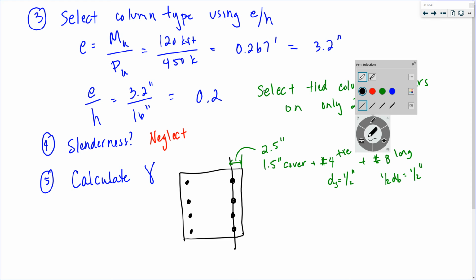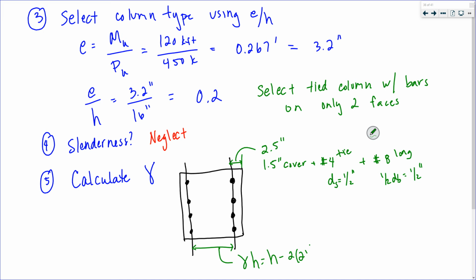Then gamma h equals h minus 2 times 2.5 inches, because you have 2.5 inches on either side.